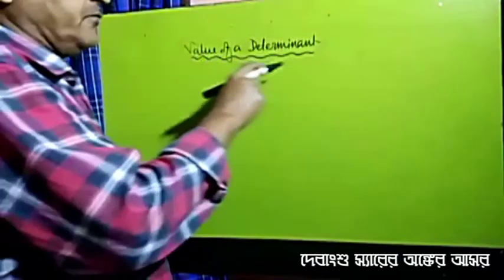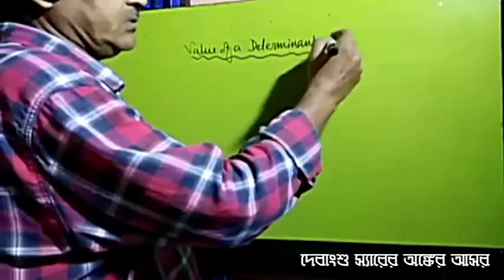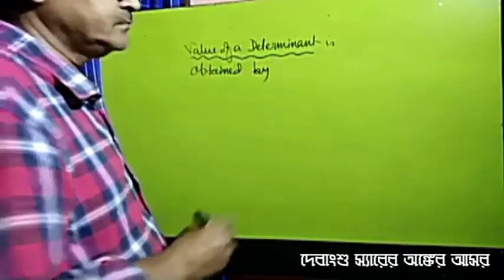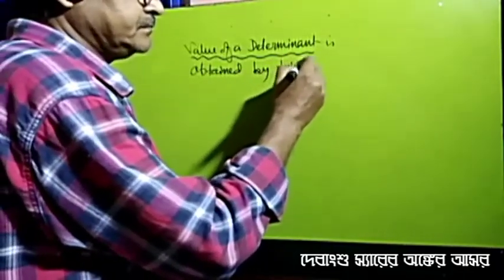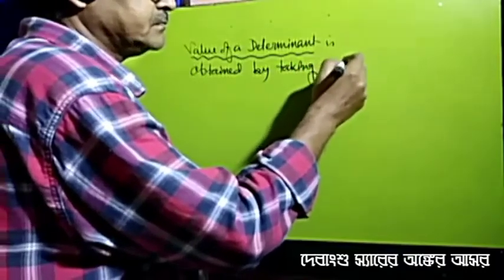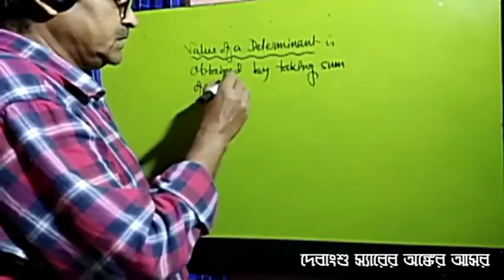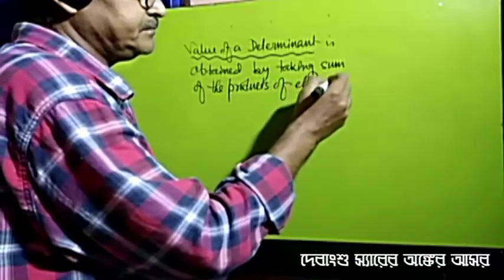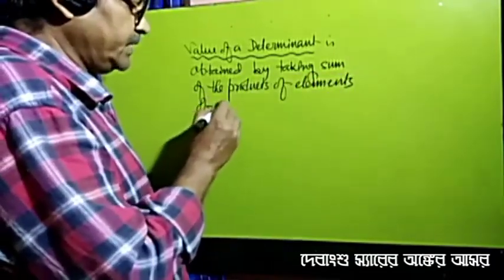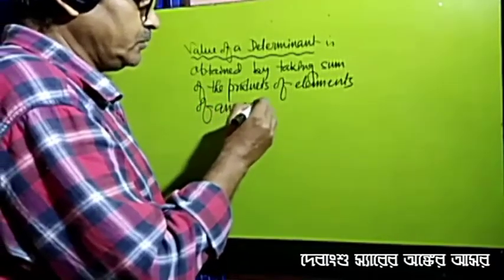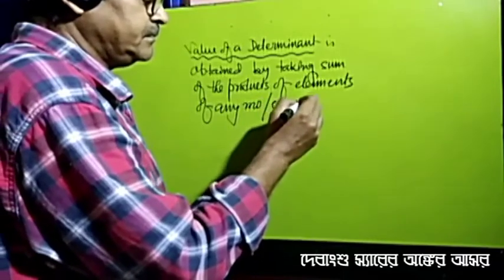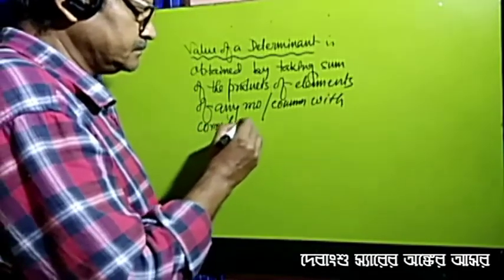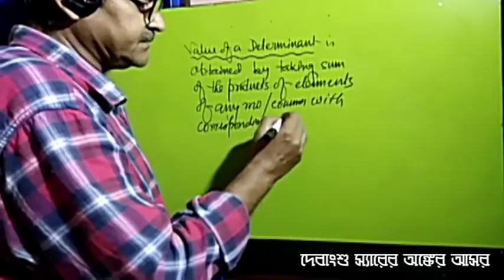Now comes the value of a determinant. It is obtained by taking the sum of the products of elements of any row or column with corresponding cofactors.